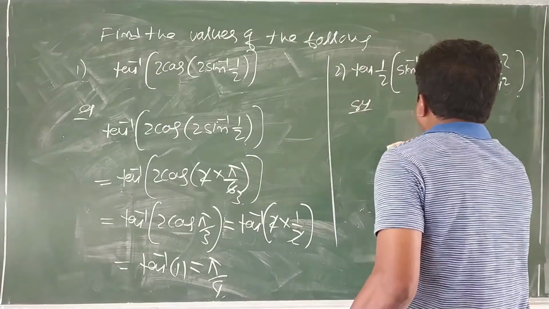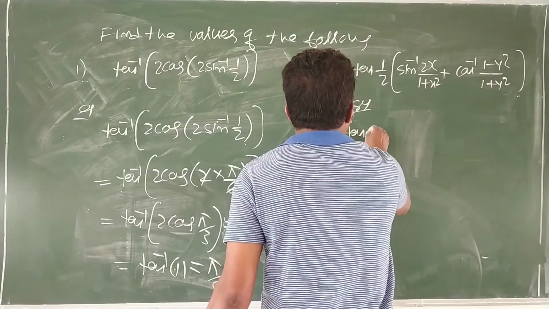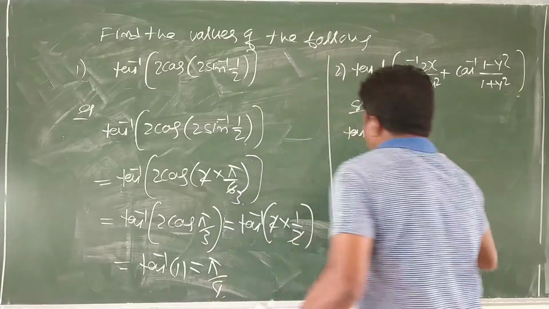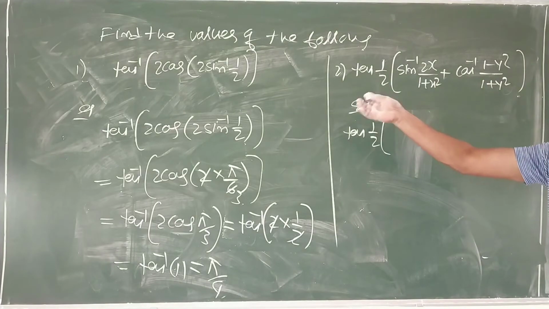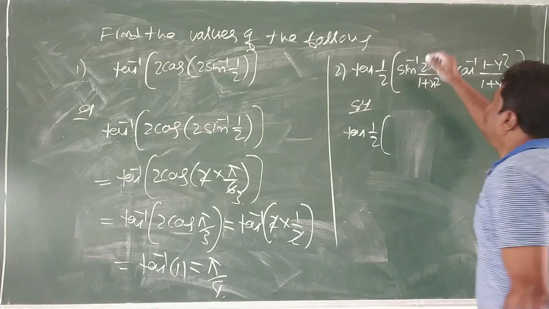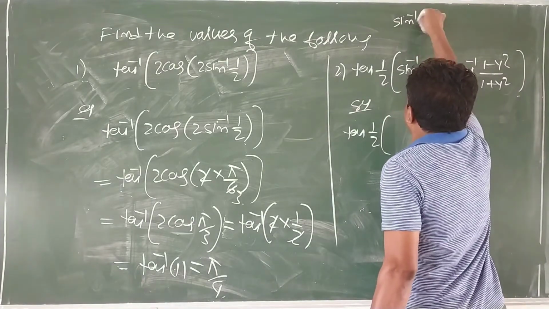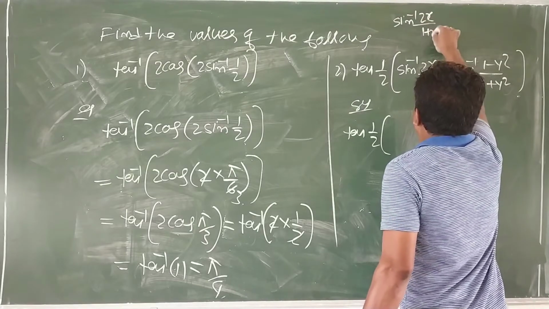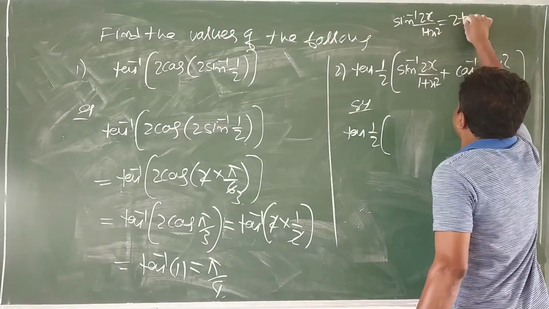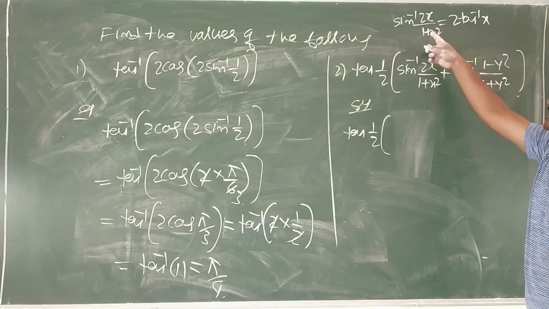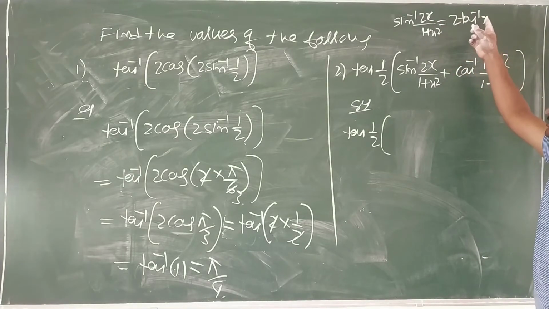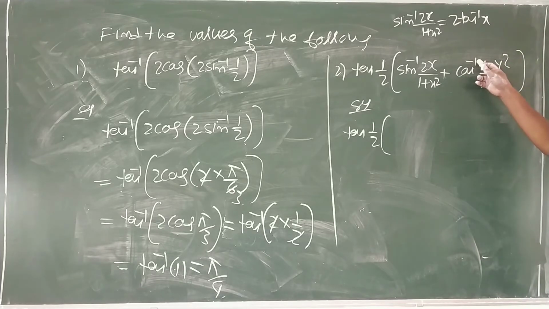These two are formulas, students. Just before, we proved that sine inverse 2x by 1 plus x square is 2 tan inverse x.